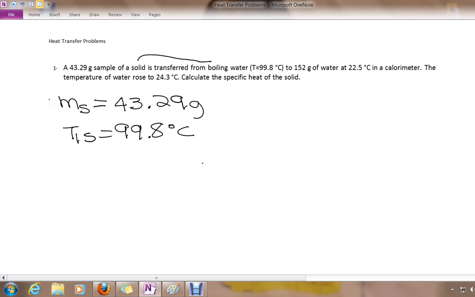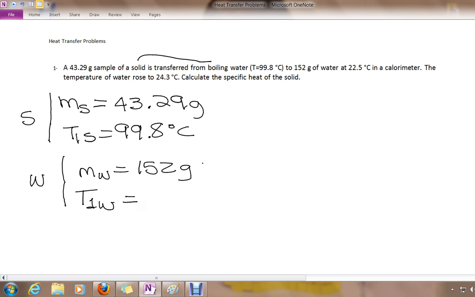So that means that I'm going to mix two systems, one the solid and the other one water. The mass of the water would be equal to 152 grams, and the initial temperature of the water would be 22.5 degrees Celsius. The final temperature would be 24.3 degrees Celsius.